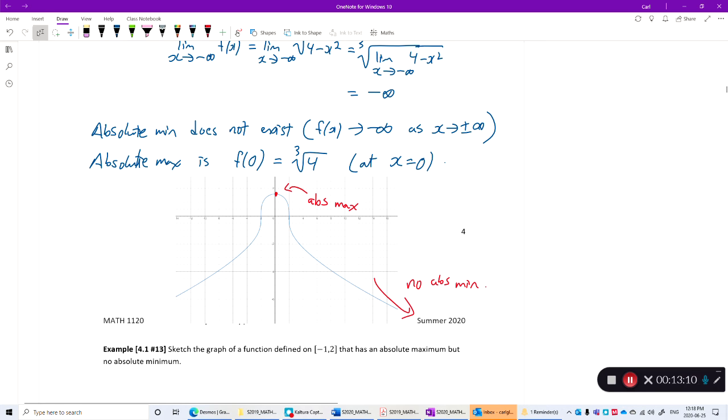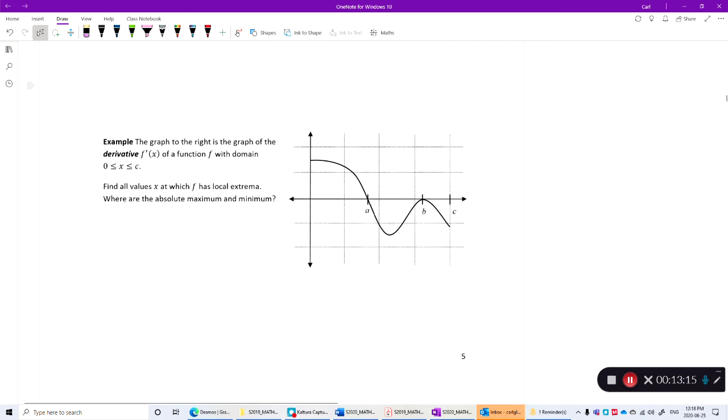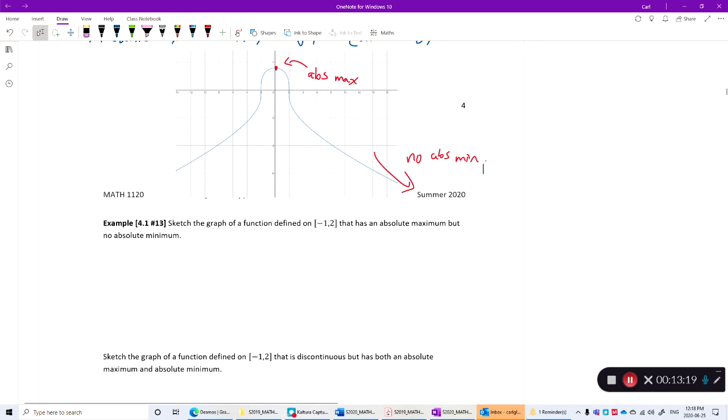All right, so we'll do a couple more kind of conceptual examples here. Sometimes the absolute max doesn't exist. Sometimes the absolute min doesn't exist, like we just saw. So let's think of some examples here. Sketch the graph of a function defined on -1 to 2, where it does have an absolute max, but no absolute min.